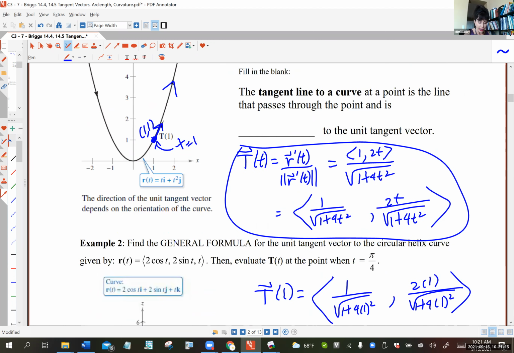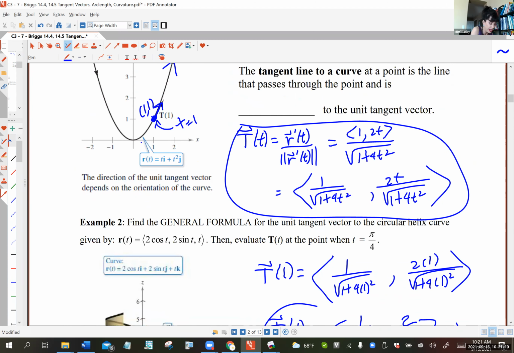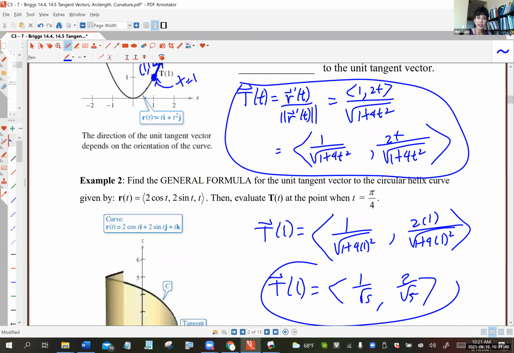Now, when I graph vectors, I always graph it in standard position first. So you would find 1 over square root of 5, 2 over square root of 5, like that, and then you translate it or move him so that he has his initial point starting at the point that he's associated with. So we just move him, maintaining his integrity, which means direction and magnitude. Okay, and that's it for that example.